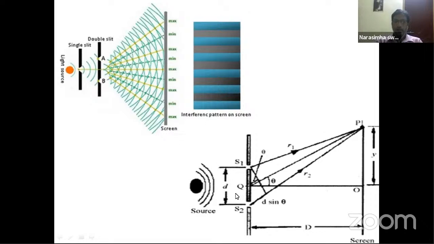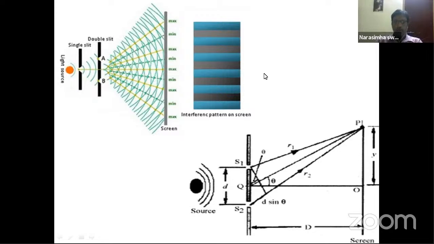Here we are discussing concepts on wave optics, right?